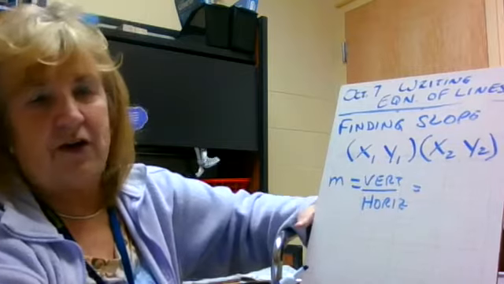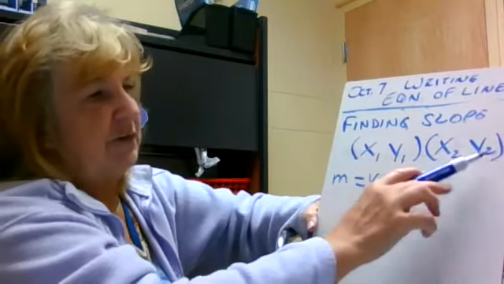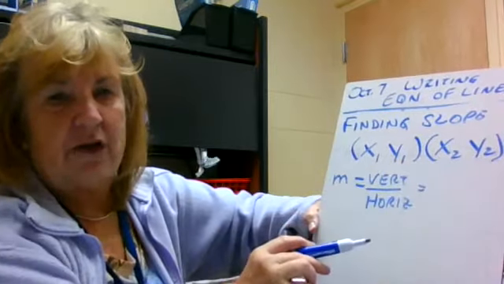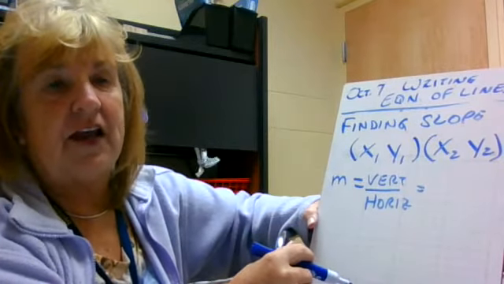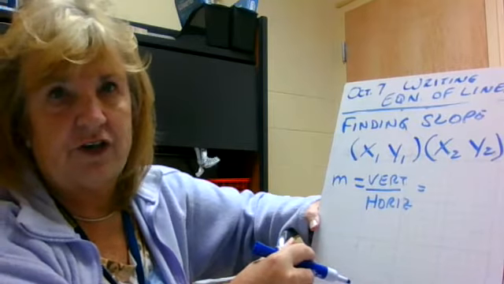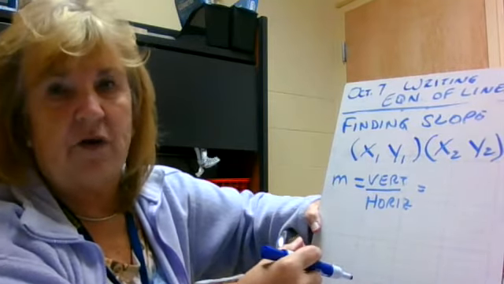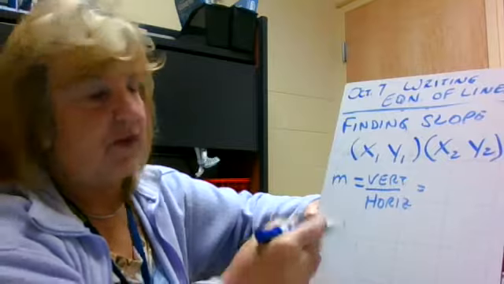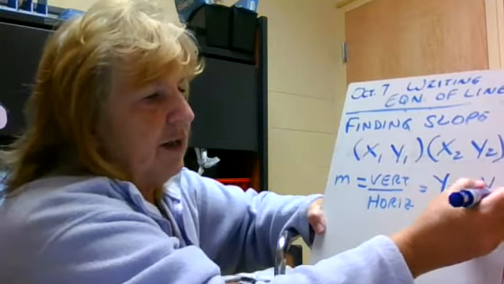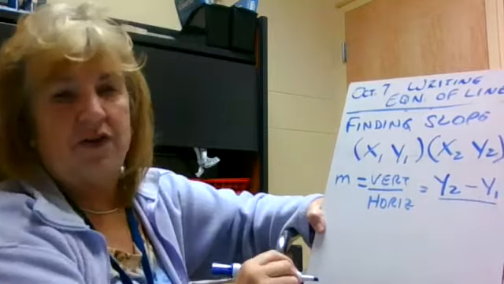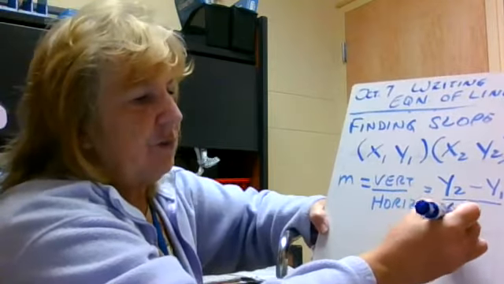Now it doesn't matter whether I take this number and subtract that one or the other way around. Most of the time you'll just look at the numbers and pick the easiest subtraction to do, taking into account negatives. So we're going to write it y2 minus y1, and then on the bottom, the horizontal movement, x2 minus x1.